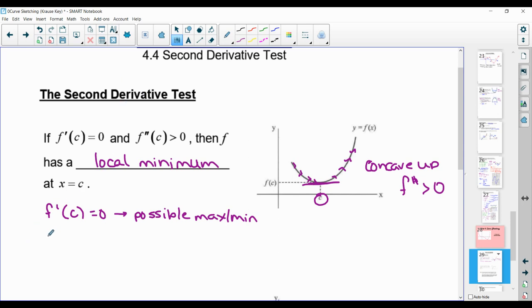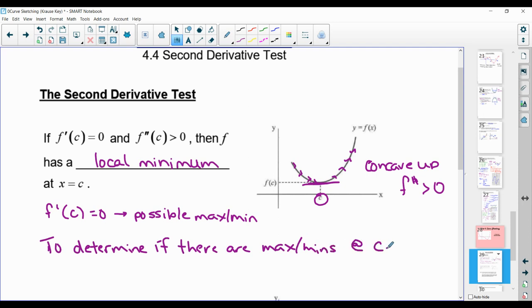So to determine if there are maxes or mins at that critical point, we have to sub into f double prime of x.